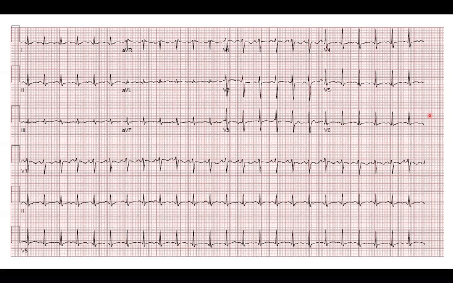All right, and just like before, we're seeing here a regular tachycardia. It's narrow complex, and as we're looking for our P waves in lead 2 and in aVR, we're seeing P waves upright in 2 and down in aVR. We see P waves before every QRS.